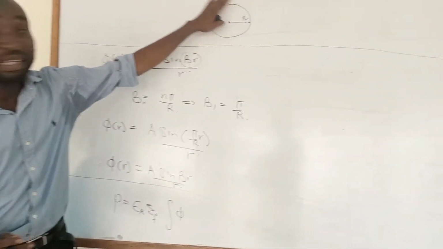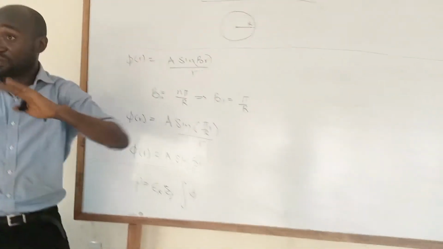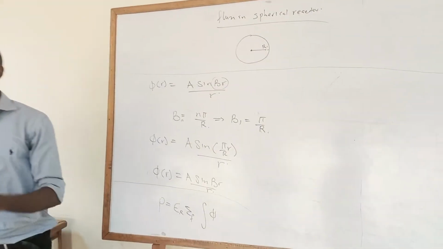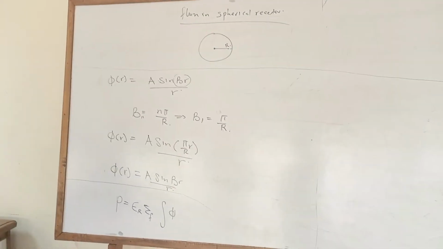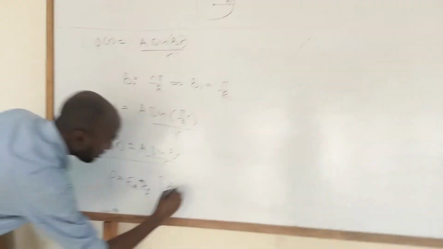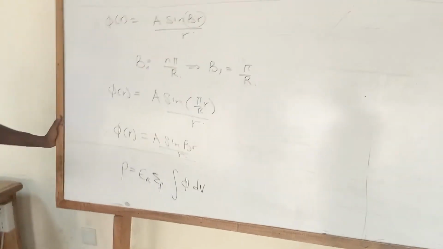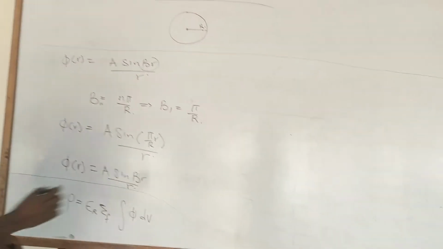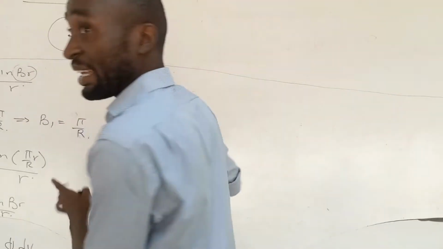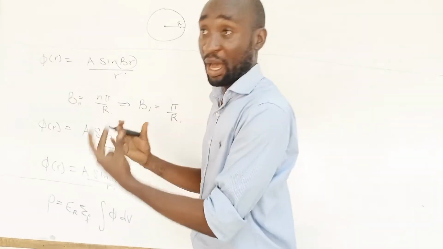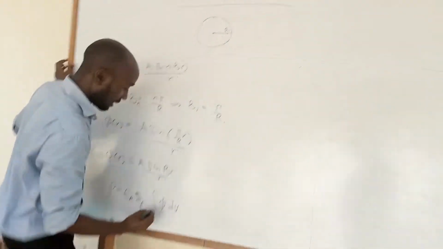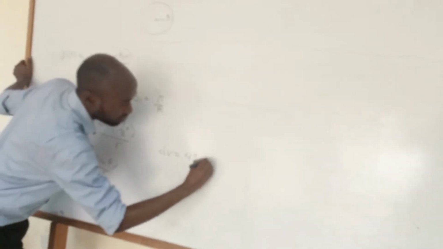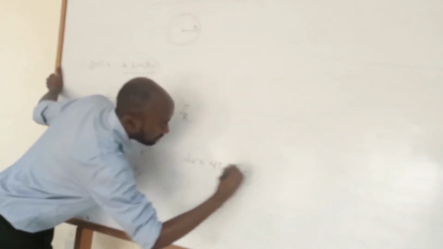But this one is three-dimensional, and it is finite. So our integration will be a volume integration, phi dV. For a spherical, if you are neglecting the two angles, the volume integral dV will just be 4 pi r squared dr.